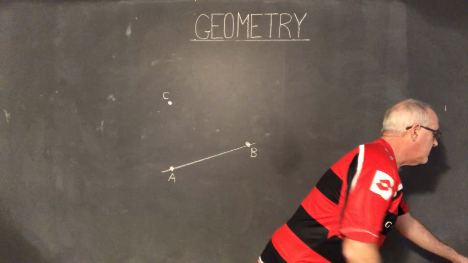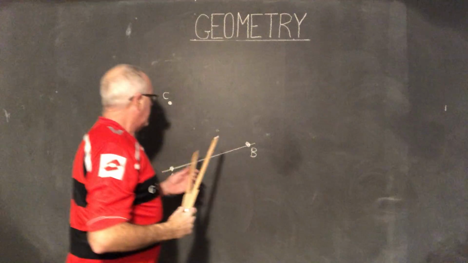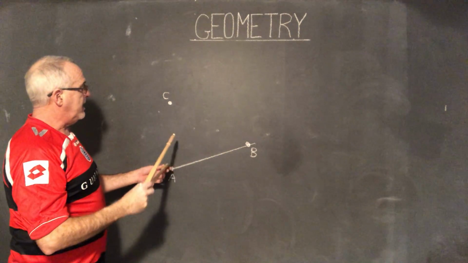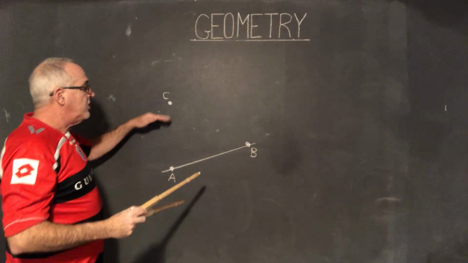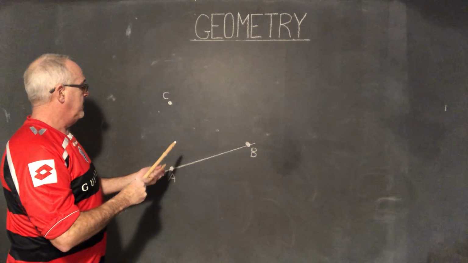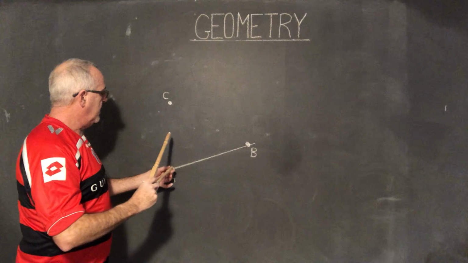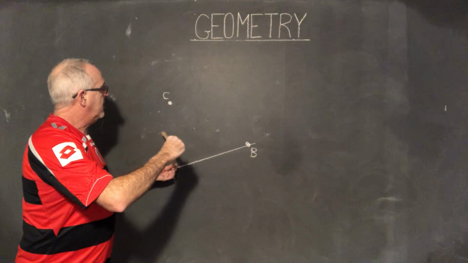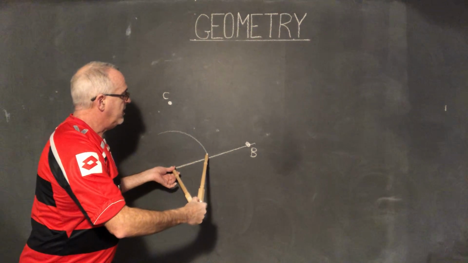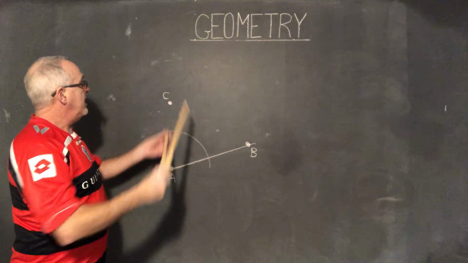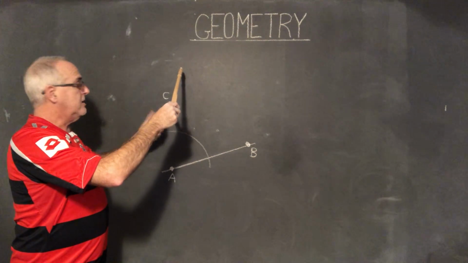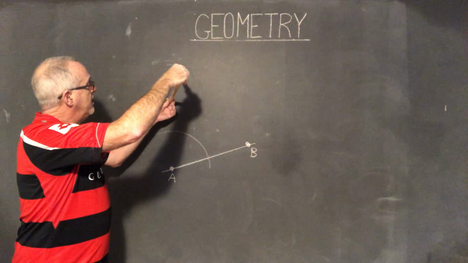Now what do? I have to draw some arcs. I'm choosing an arc that is somewhere in between A and C, not too close to C, not too close to A. So I'm just randomly choosing a distance for this that I like, and I'm going to draw an arc right down through line AB, and then from C, not changing the size of the arc I'm drawing, I'm doing it again.